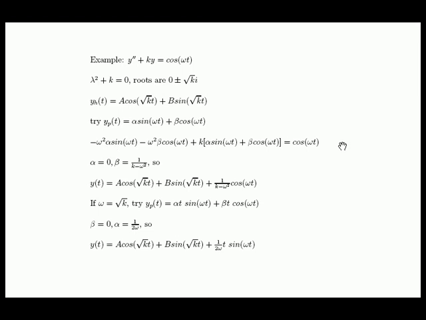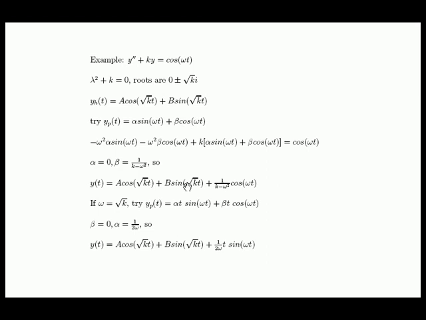But that's supposed to be the coefficient of sine of omega t, which is 0, so alpha is 0. Get the cosines together, and you've got k beta minus omega squared beta, cosine omega t, equals 1 cosine omega t. So beta times k minus omega squared is 1, so beta is 1 over k minus omega squared. And alpha is 0, so our particular solution is 1 over k minus omega squared, cosine omega t.